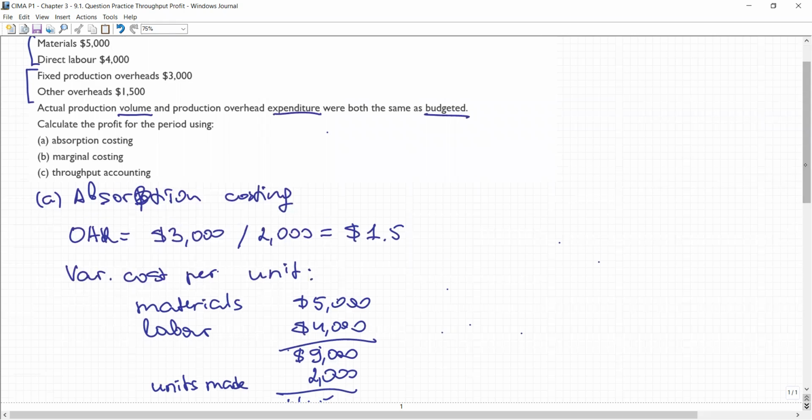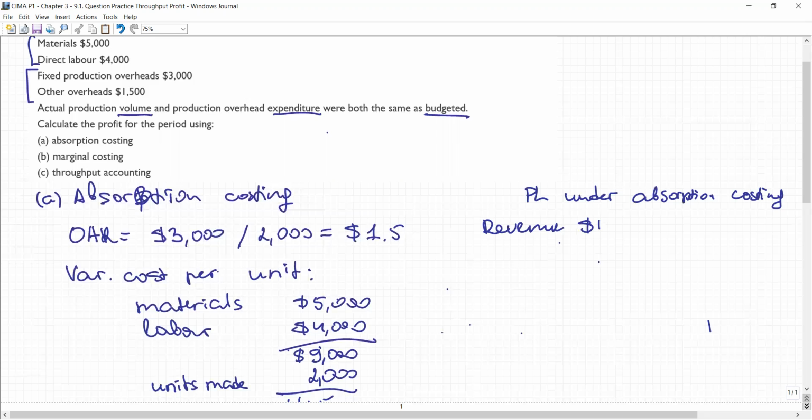Now let's calculate profit and loss under absorption costing. We start with revenue. Revenue is going to be calculated the same way for each and every method.